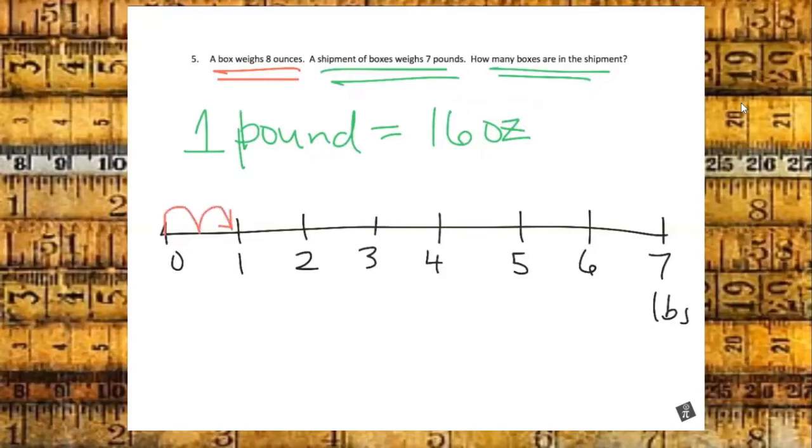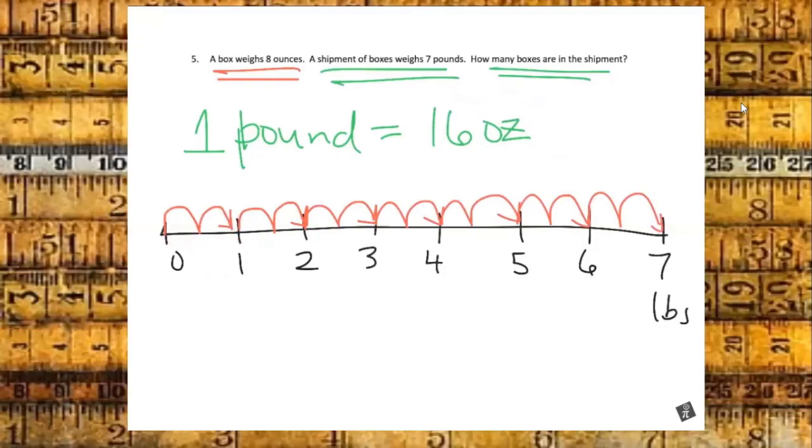So that's 16. Another 8, another 8, and so on. Each one of these humps is 8 ounces. So 2 boxes equals a pound, another 2 boxes equals a pound.